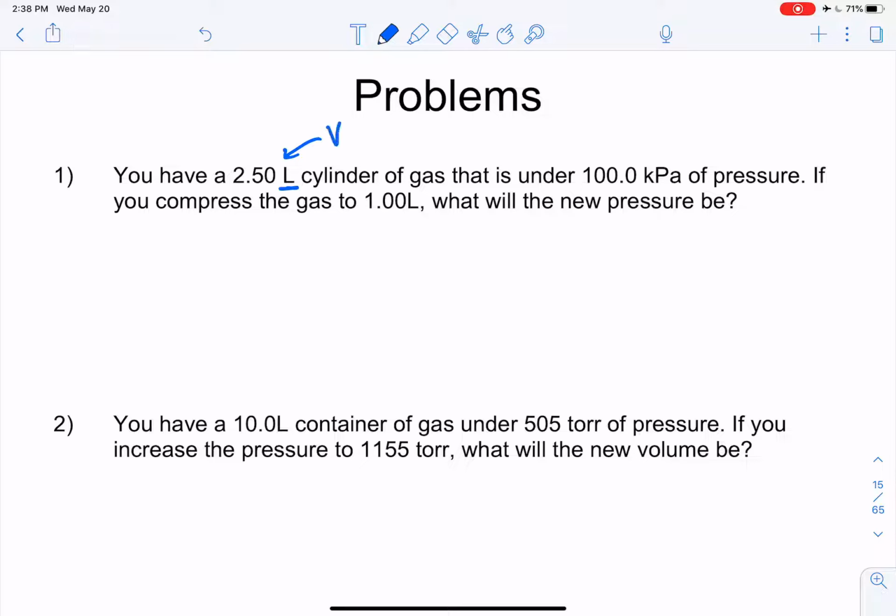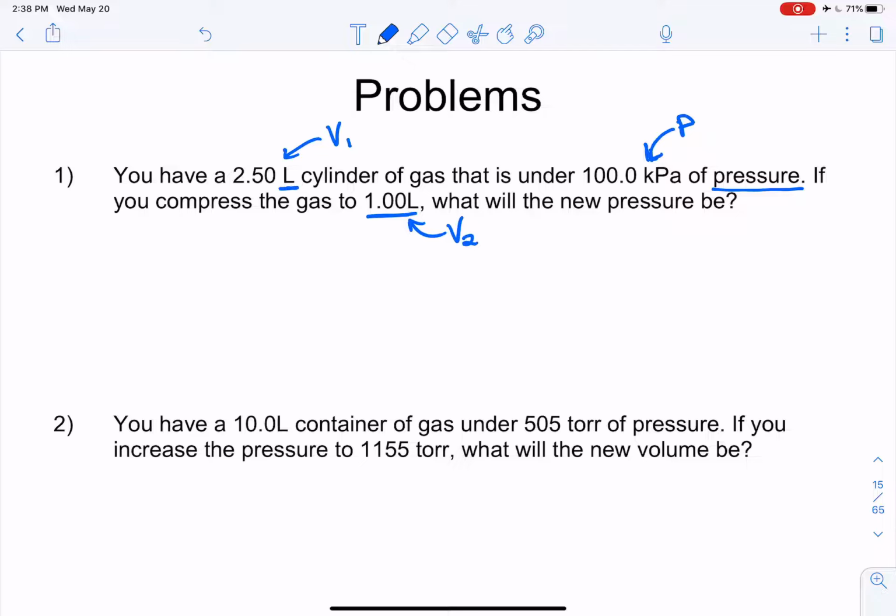That's volume. And that volume of gas is under 100 kilopascals of pressure. Now, right there, it told you that's a unit of pressure, so that's a P. And it says if you compress the gas to 1 liter, so there's another volume, so we have another V. So one of them must be V1 and the other one is V2.